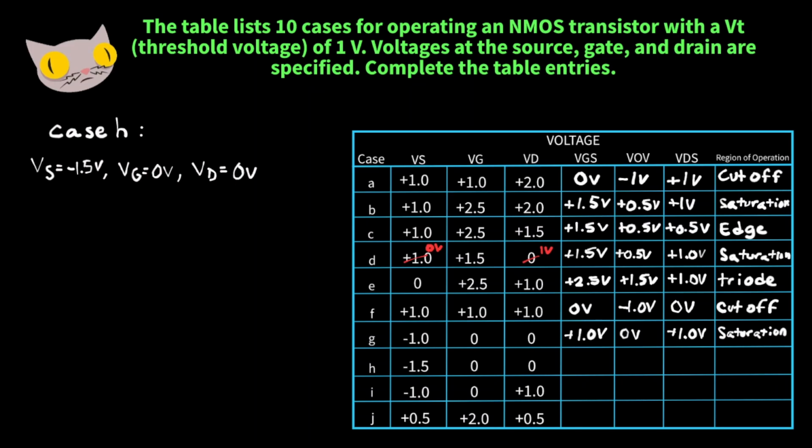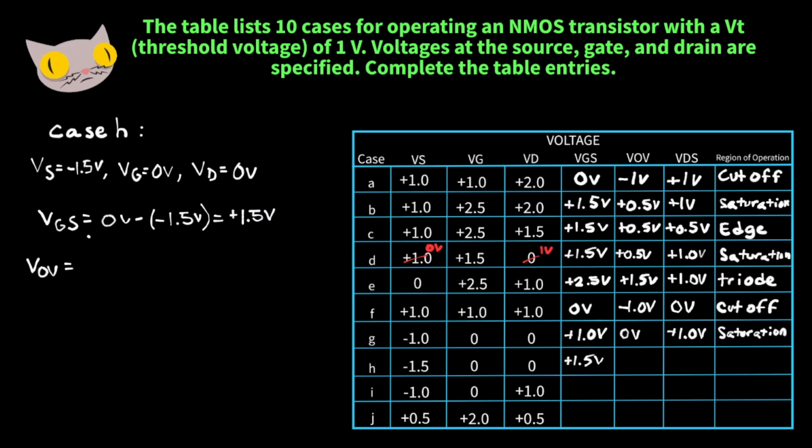For case H, we have source voltage of -1.5 volts, gate voltage of 0, and drain voltage of 0. So our gate to source voltage is going to be VG, or 0 volts, minus VS, -1.5 volts, leaving us with +1.5 volts.